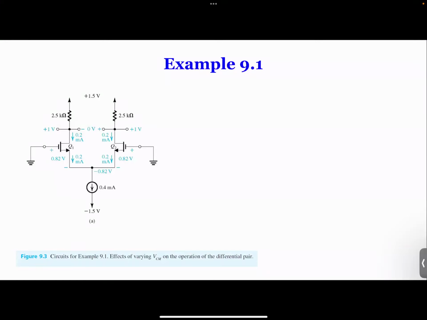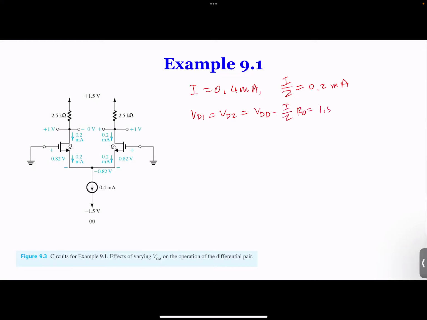So in this example, the current is given, I is 0.4 milliamps, so 1/2 I is going to be 0.2 milliamps. And we can easily calculate VD1, which is the same as VD2, equal to VDD minus 1/2 I times RD.